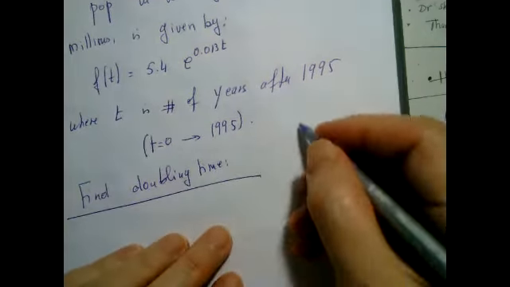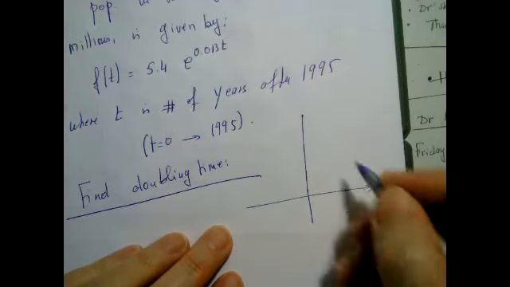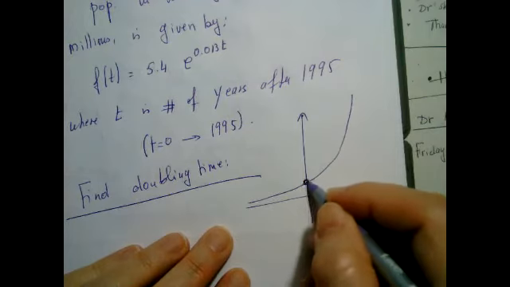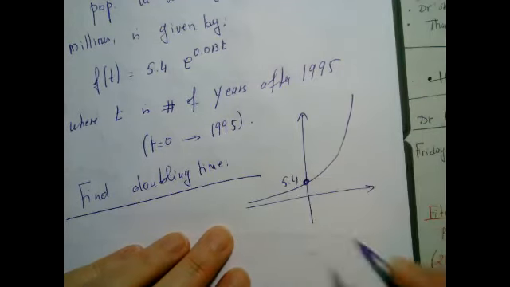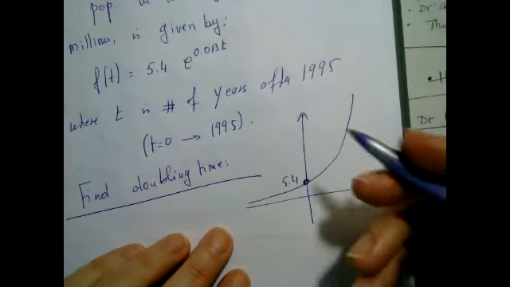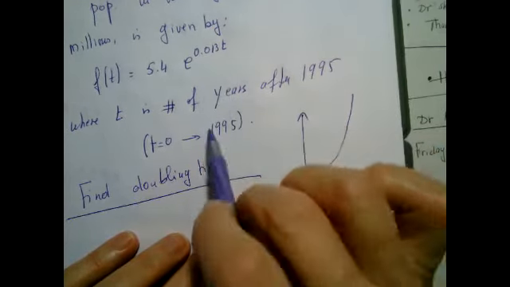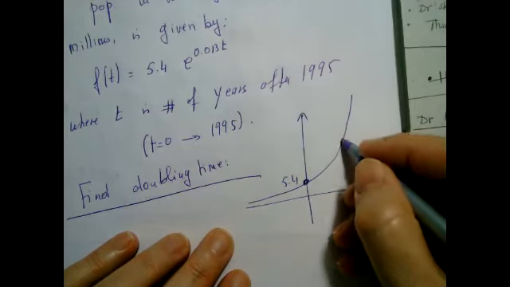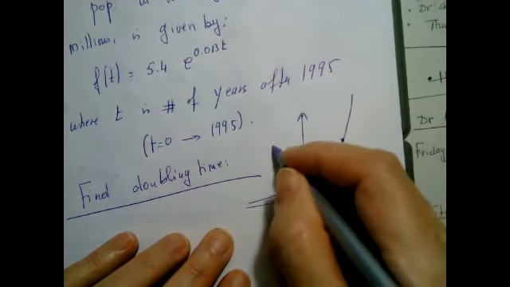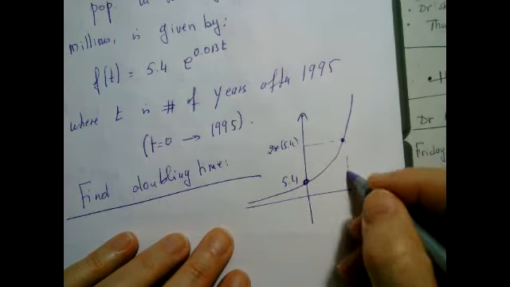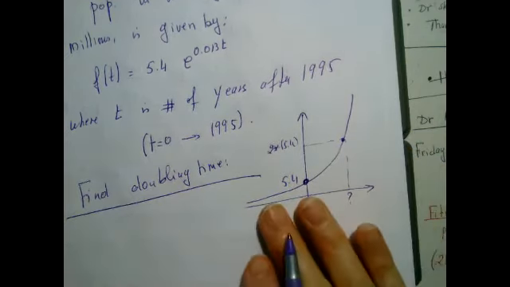That's how long it's going to take the population in Washington State to double. It starts at 5.4 million, and it's growing according to this formula. The question is how long it takes to double, meaning to be twice that much. It should be a lot of time, but let us see.